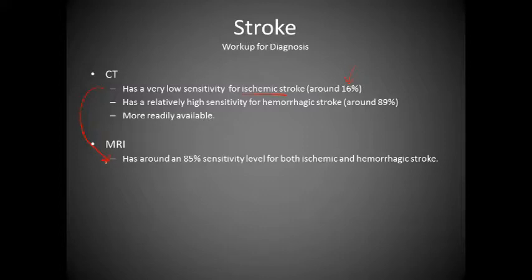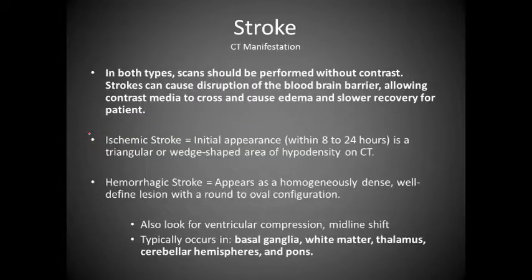CT, though, has a relatively high sensitivity for hemorrhagic stroke, around 89%, which is 4% greater than MR. However, the big thing about CT is that it's more readily available than MRI. However, in the cases of looking for ischemic stroke, CT just kind of falls through the cracks here.